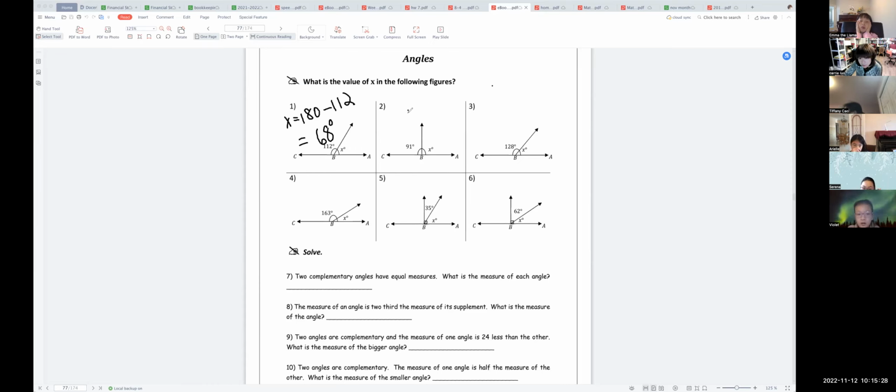So this one, x equals 89 degrees, and x and 91 are supplementary to each other, right? And that is number 5. So 90 minus 35 equals 55 degrees. So we say that 35 and x are complementary to each other.